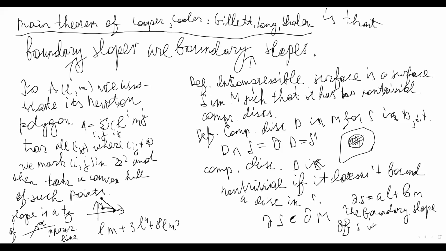again, we have a vector with coordinates a and b, its slope is b over a. So it could be infinity. It is just the slope, the angle. And we say that this slope will be equal to the slope of the edges of the Newton polygon.